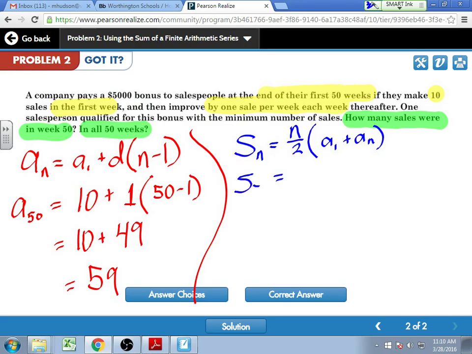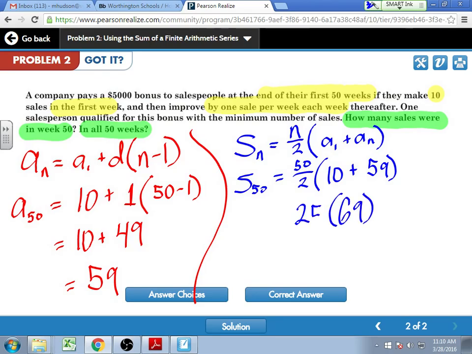So my sum of these 50 terms is 50 weeks divided by 2. What was my first value? 10. What was my last value? 59. Yep, that's what we just calculated. This will give me 69 times 25.